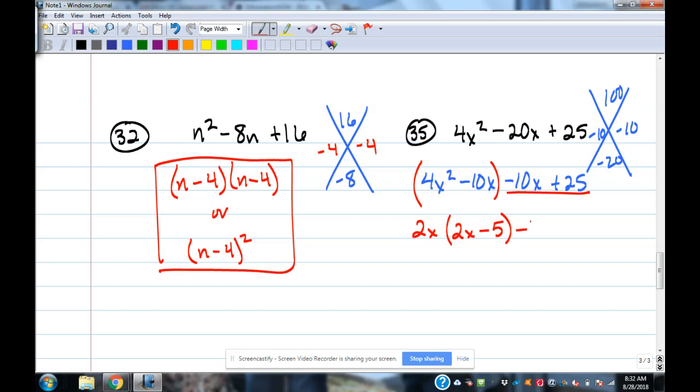Remember that sign right there tells you what to pull out. So that's a negative 5 that I'm pulling out. What's that leave in the parentheses? 2x minus 5. Final factors. The first one I usually just write the matching one, 2x minus 5. The second one is always the stuff in front, 2x minus 5. Happens to be the same one twice.